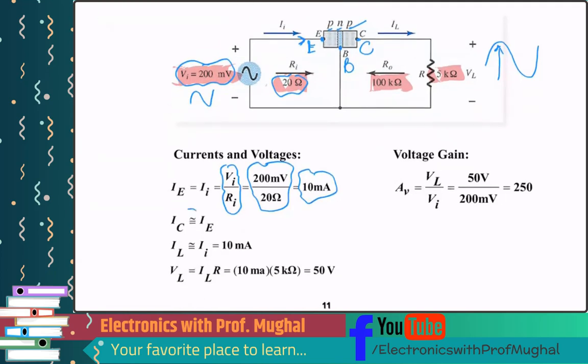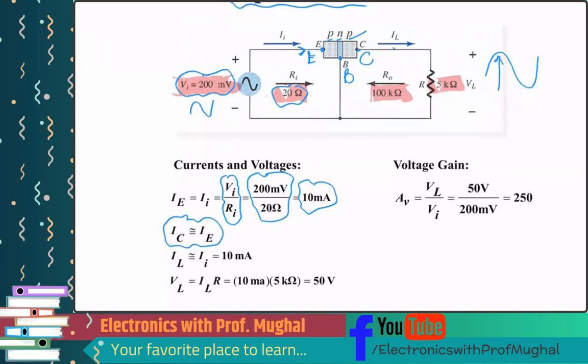We also know from our previous analysis that the collector current IC equals the emitter current. Therefore, this current, which is labeled IL, is basically my IC current. Because IC is 10 milliamps, IL is also 10 milliamps. Because I know the current IL flowing into this load resistor is 10 milliamps, I can simply apply VL equals IL times RL to find the voltage across the load resistor.